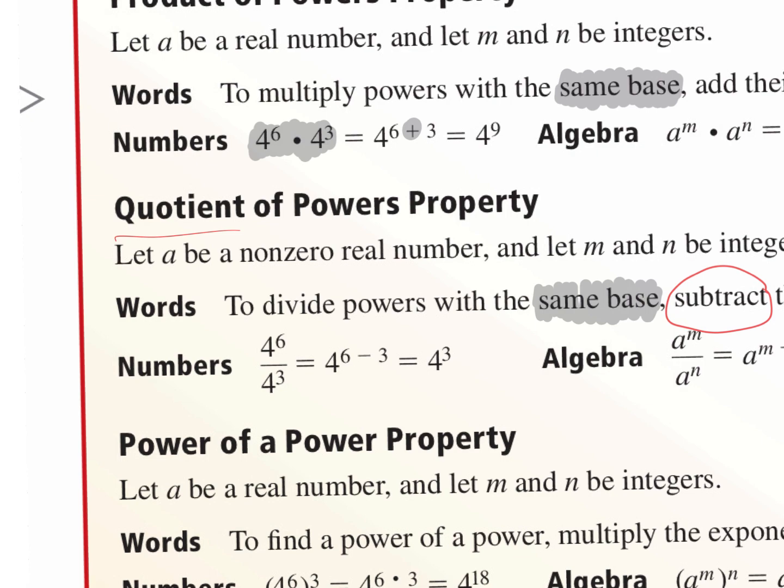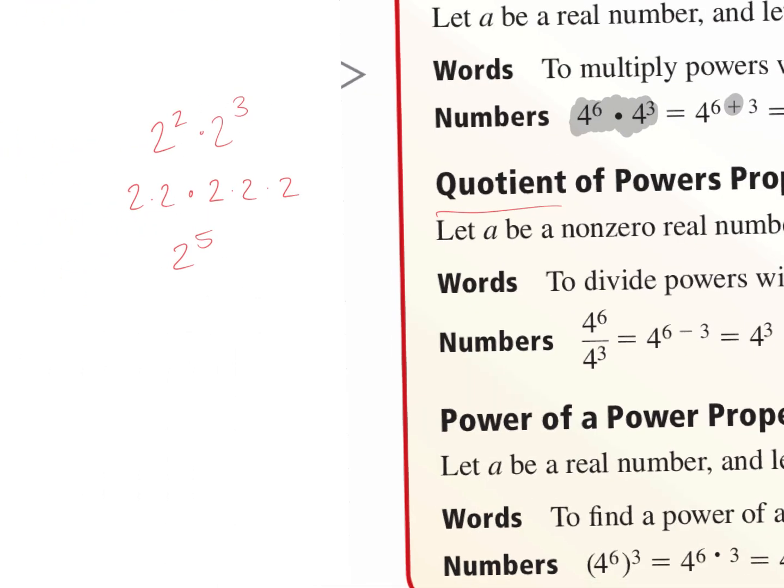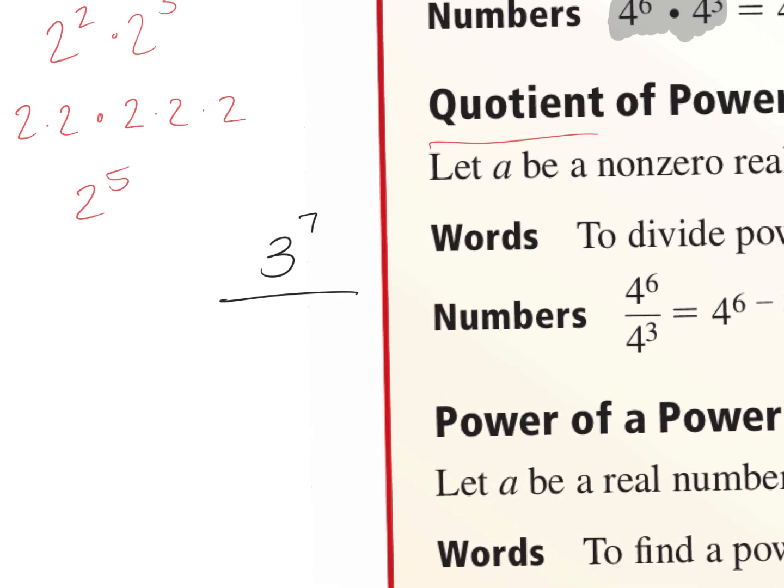I'm going to prove this one to you as well. So over on the side, let's do 3 to the 7th over 3 to the 4th. Okay?